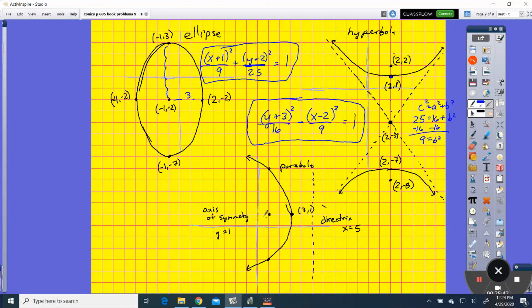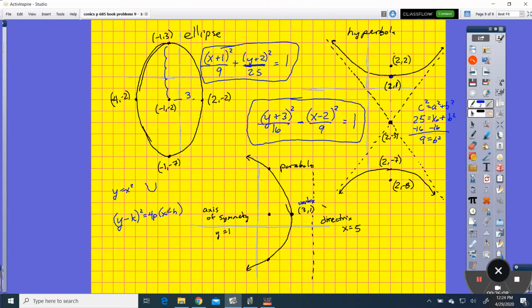For this one, this is my parabola. It opens to the left. I remember that y equals x squared is my parabola that opens upwards. So this means this is y squared. So y minus k squared equals 4p times x minus h. So here's my 3, 1 is my vertex.